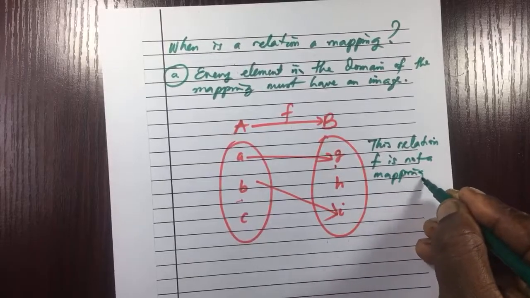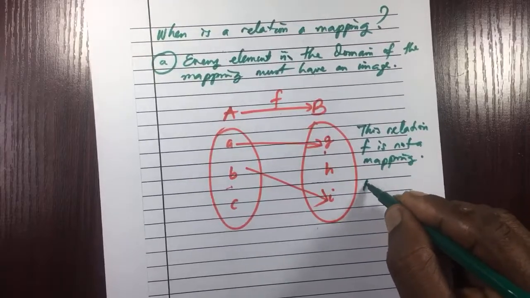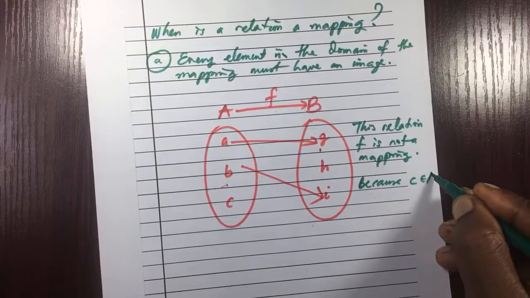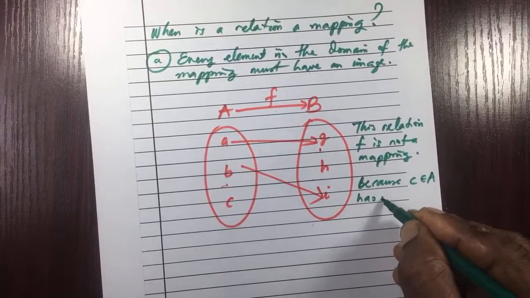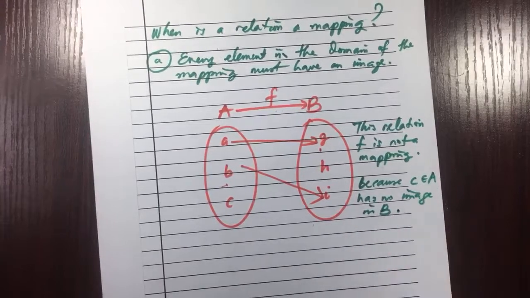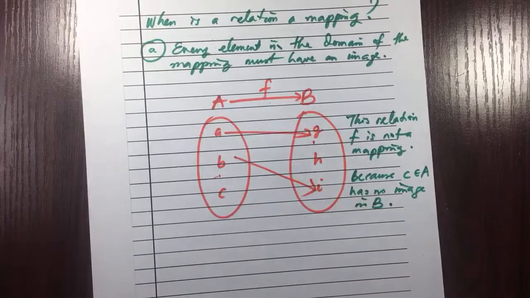And why is that so? It is because C, an element of A, has no image in B. So C, an element of A, has no image in B. For that reason, F is simply a relation.